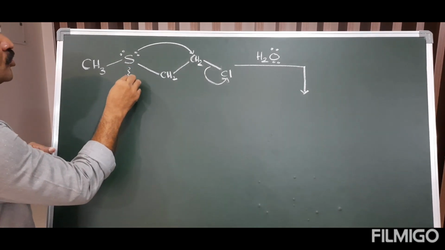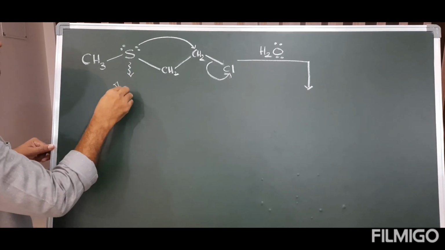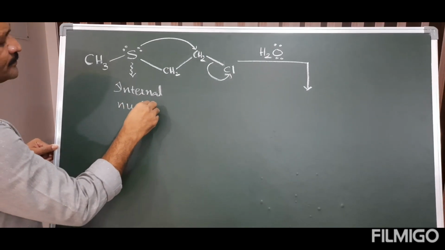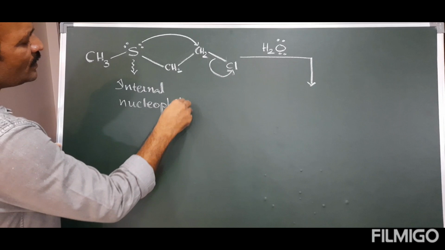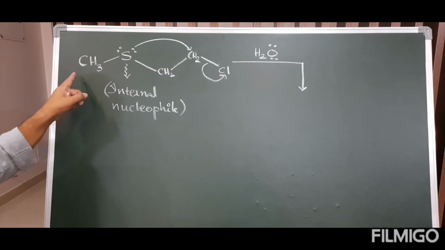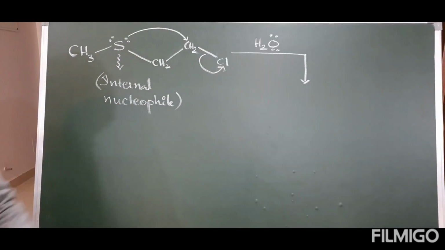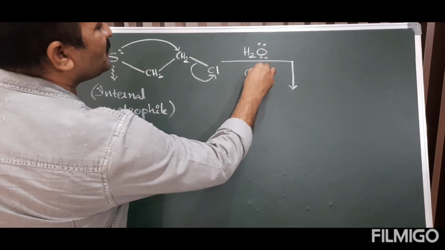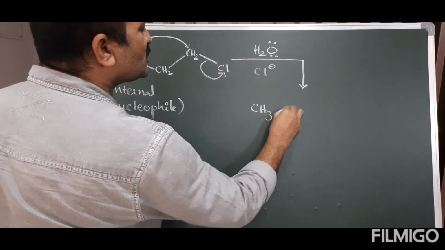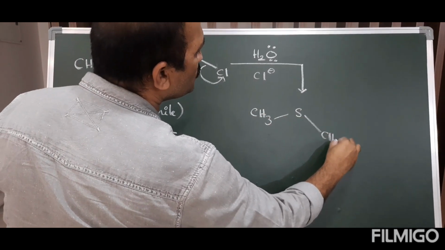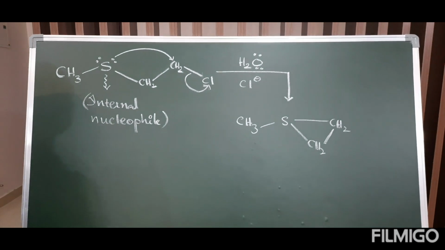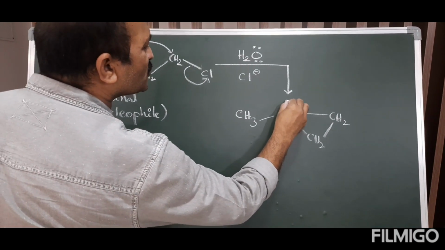Students, this sulfur having the lone pair will act as the internal nucleophile. It will attack this carbon from the backside. As a result, the leaving group is eliminated, leading to the formation of CH3, CH2, CH2, a strained ring with a positive charge on the sulfur.